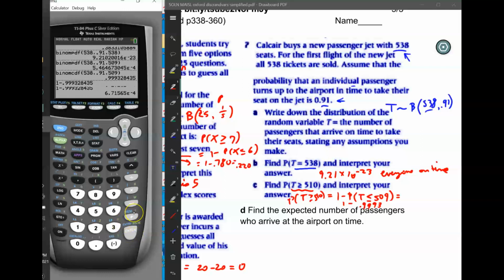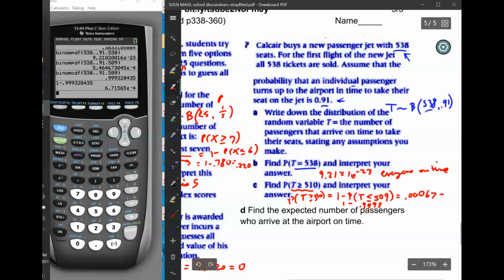It's actually 6.7 times 10 to the negative 4th, or 0.000672. Still, really small probability that you even have more than 510 people. So that's pretty depressing. You really need to overbook, especially if this is true. If it's a 0.91 chance of each person arriving, definitely need to overbook.